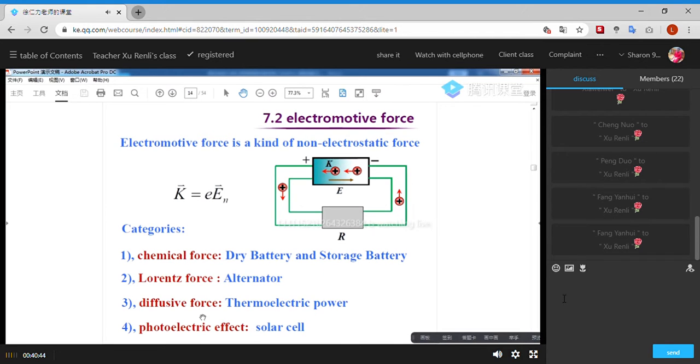So these are several kinds of non-electrostatic force.